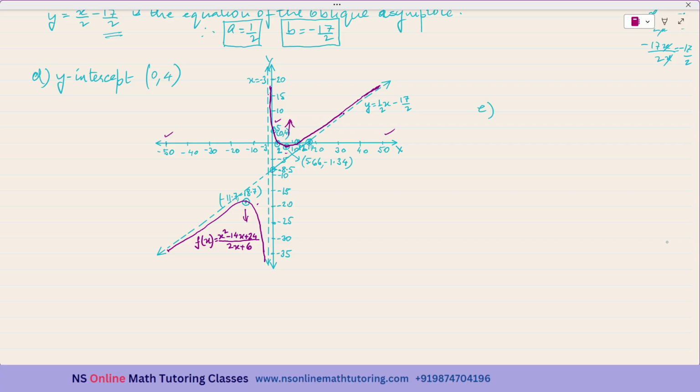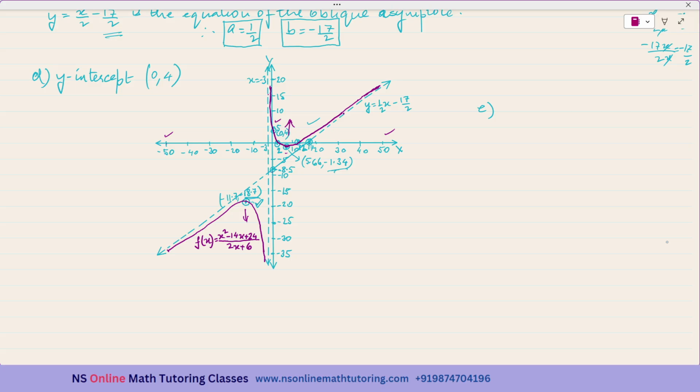What is the range? You see, the range is the y values. So it is all the y values which are less than negative 18.7, and these are the y values which are more than or equal to, also equal to is included in both the cases, more than or equal to negative 1.34, because this is the minimum point. Okay, this is the y coordinate of the minimum point.